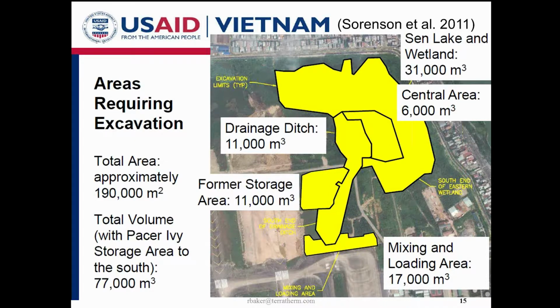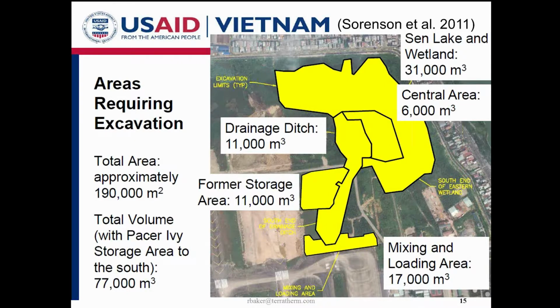USAID and their subcontractors performed an environmental evaluation to decide what to do at the site. They considered landfilling on the airport property, both with and without biological enhancement, and using ISTD/IPTD.